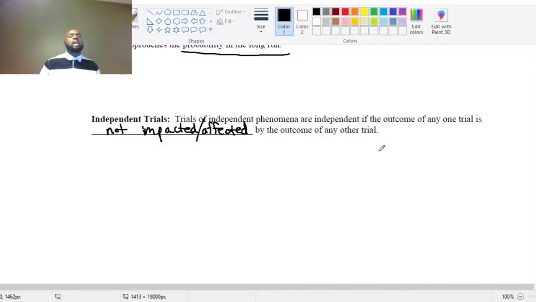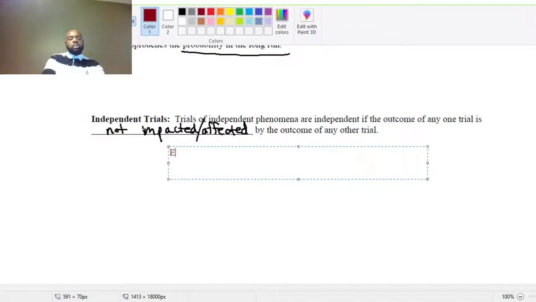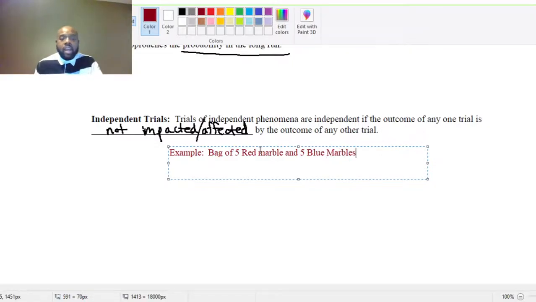All right. And so an example of when trials are independent, let's suppose that we have a bag of 5 red marbles and 5 blue marbles, right? And our experiment has 2 trials.